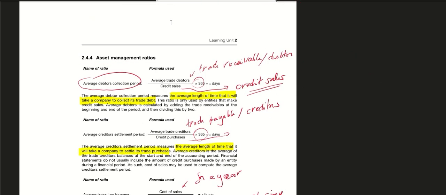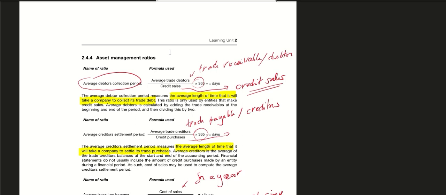Very important. We quickly move on to the asset management ratio. Remember again, do your reading, do your practice, very important. But we are looking at something that actually speaks to what we just looked at, the liquidity. In order to fully understand it, it's also the asset management part that comes into play.